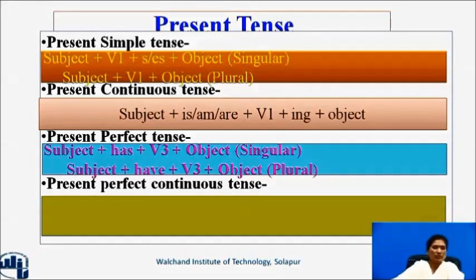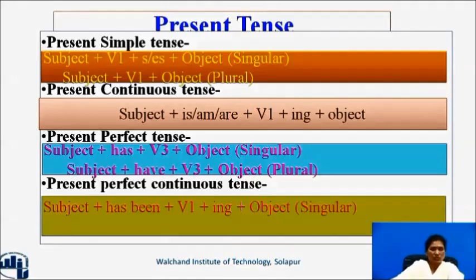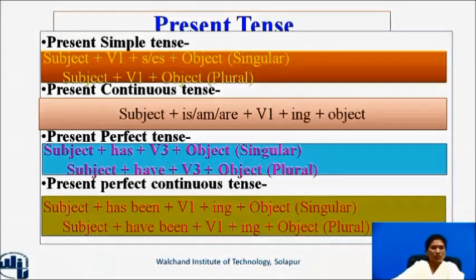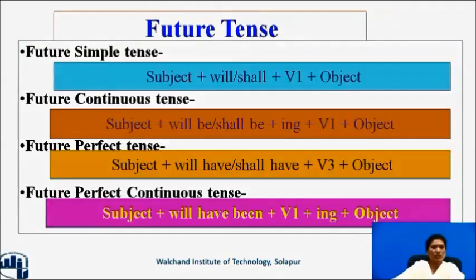In the present perfect tense, subject plus has plus the third form of the verb, that is past participle, plus object in the case of singular, and subject plus have plus the third form of the verb plus object in the plural form. Present perfect continuous tense: subject plus has been plus the ing form of the verb plus object, and in the case of plural, subject plus have been plus the ing form of the verb plus object.